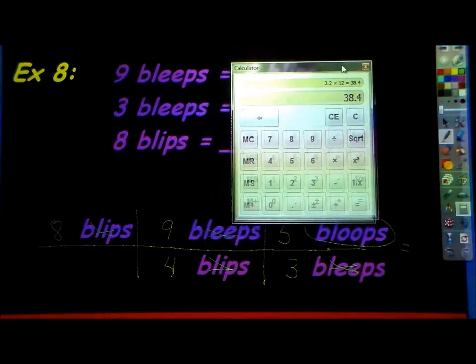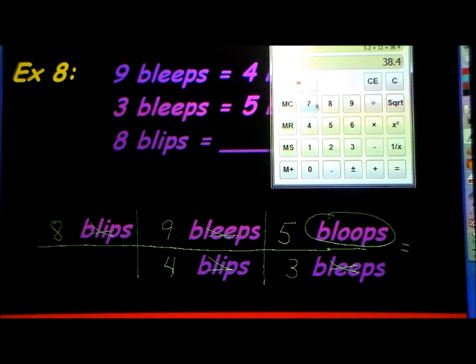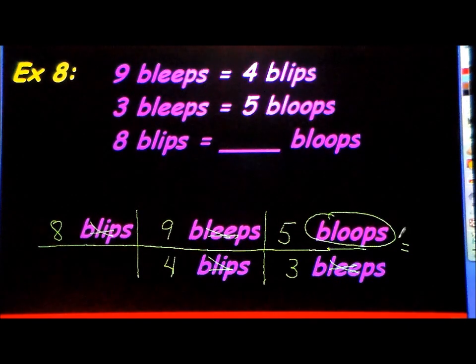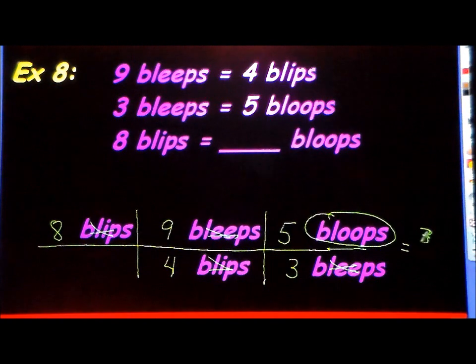So I have 8 times 9 times 5, because that's all on top. Now, divided by 4, because that's on bottom, and divided by 3, because that's on bottom. You multiply the things that are on top, and you divide by the things that are on bottom. So when I hit equals, that tells me that I should have 30 bloops.